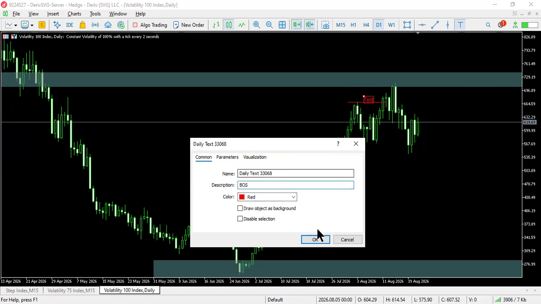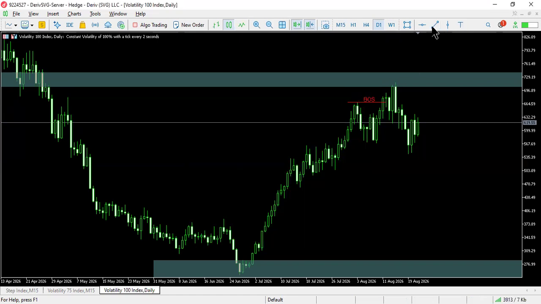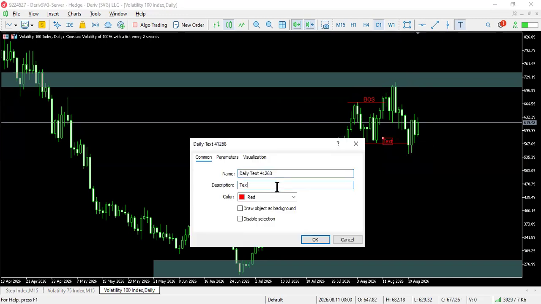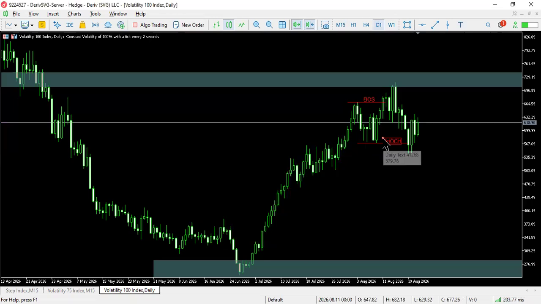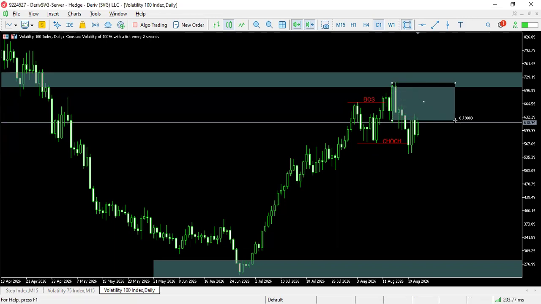We have that break of structure, and then we have this change of character, to indicate this bullish trend is over. Now the sellers are stepping into the market at that key level, which is our supply. We have a change of character, and then the order block which caused the change of character, it is that order block where price is currently reacting.